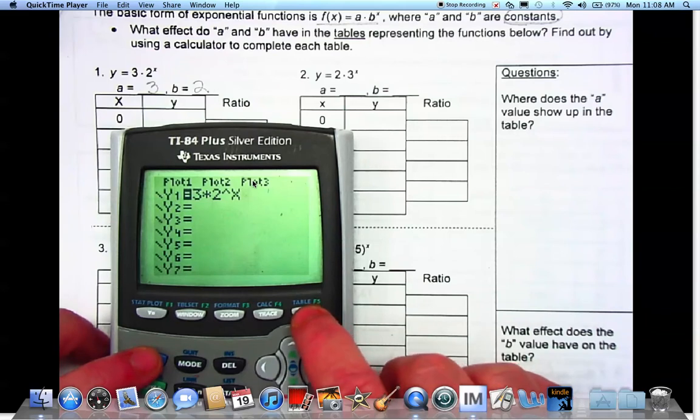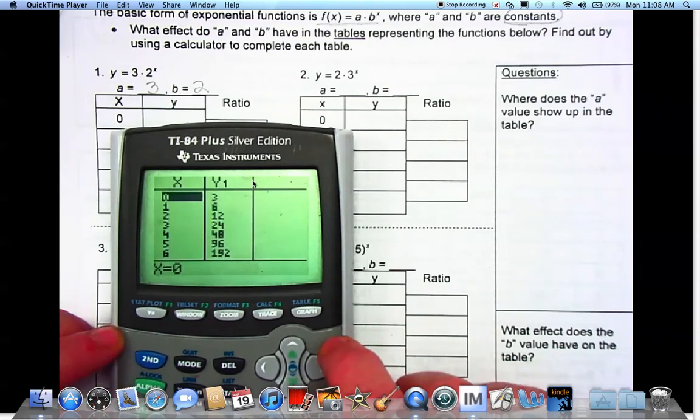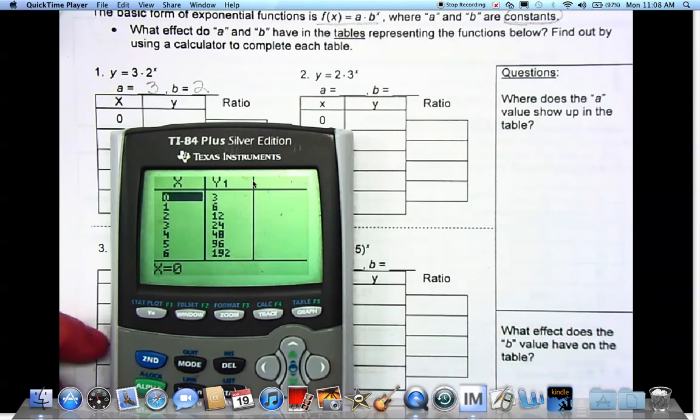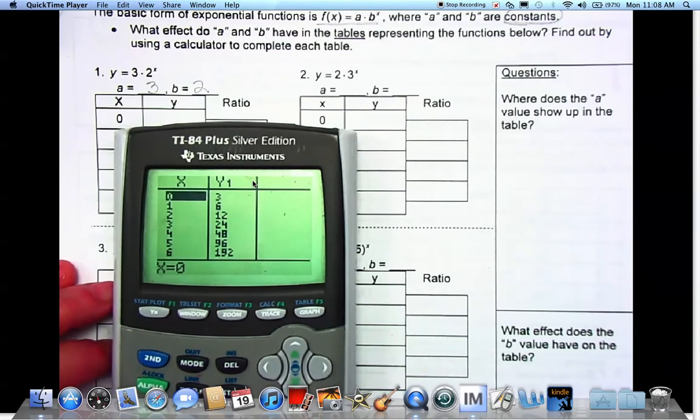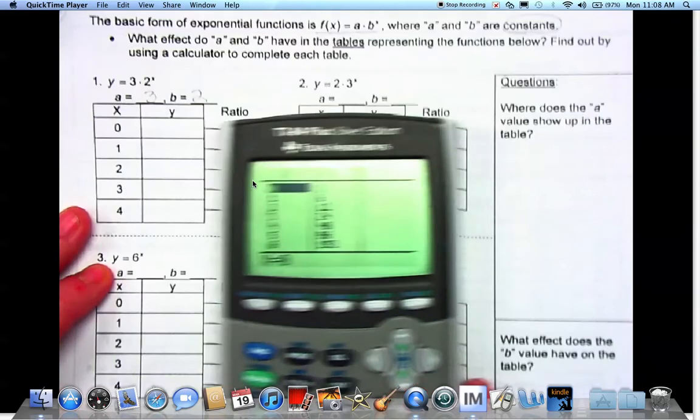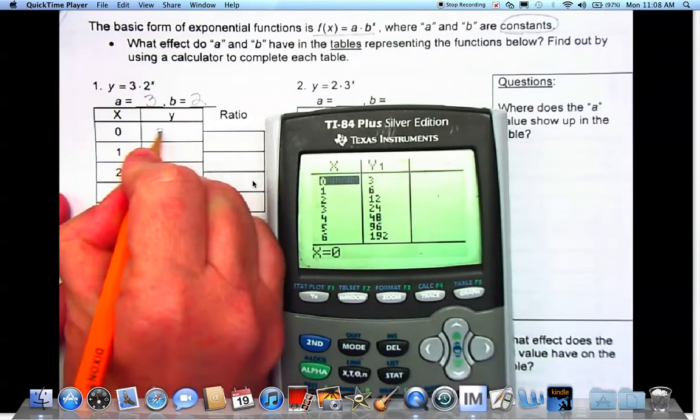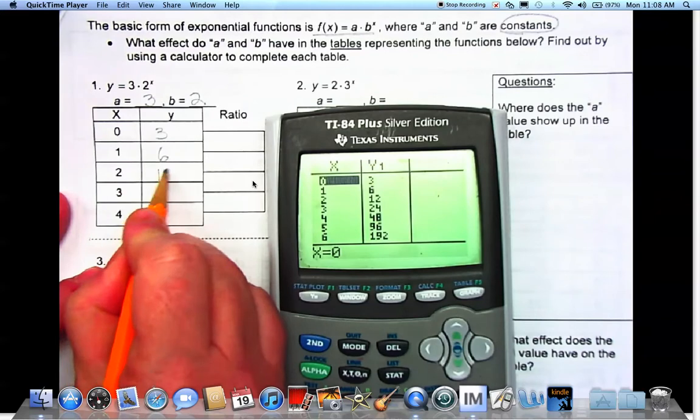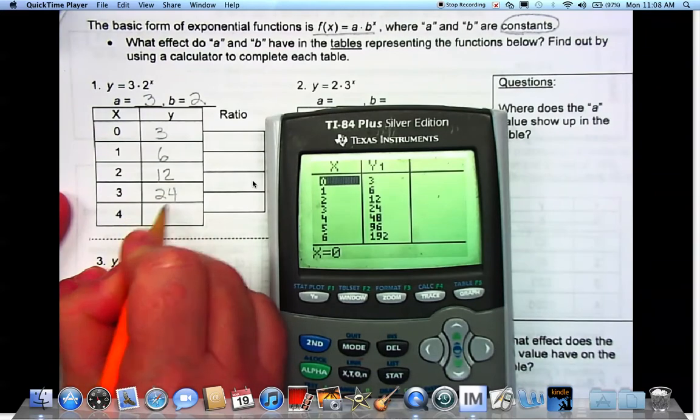Okay. There's nothing in my table. Nothing in your table? Okay, go to table set, second window. You might be on auto, ask or something. Oh, yeah. Okay, put them both on auto. Mine was on ask and all my numbers just came up. Okay, so we're going to write those in: 0, 3, 1, 6, 2, 12, 3, 24, 4, 48.